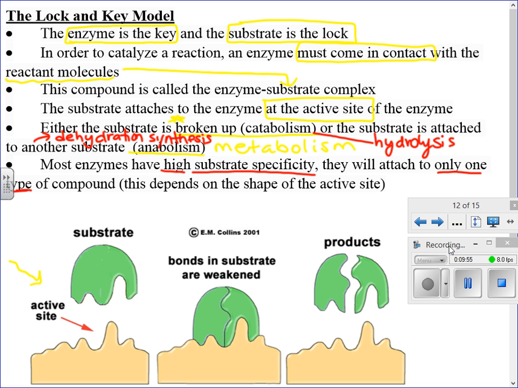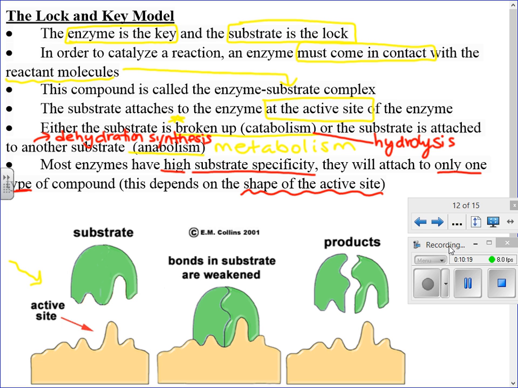So things could go wrong if they're the same type of compound as one that already exists in your body. And this is all dependent on the shape of the active site. The more specific the active site is to a particular molecule, the less chance that some other type of substance would be able to attach to the enzyme.